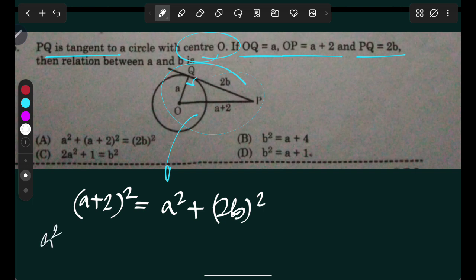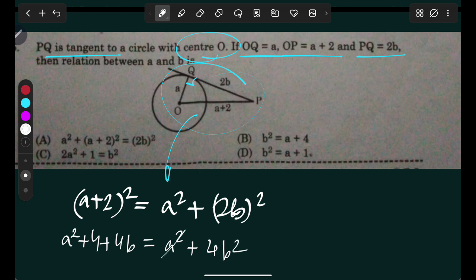So a square plus 4 plus 4a is a square plus 4b square, coming out to be 4b square minus 4a minus 4 is equal to 0.